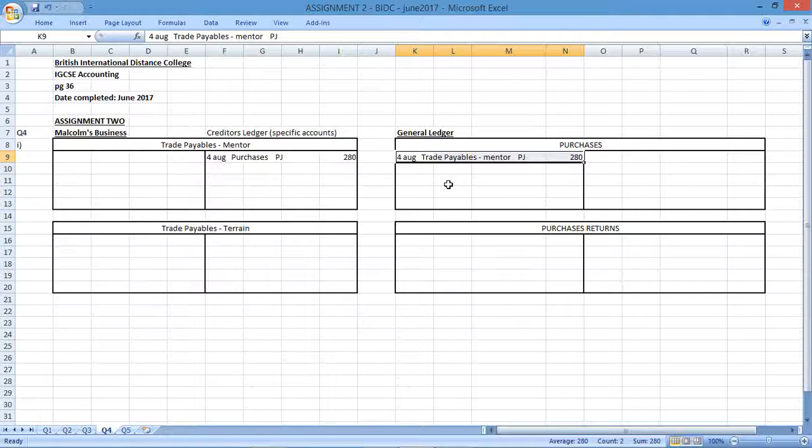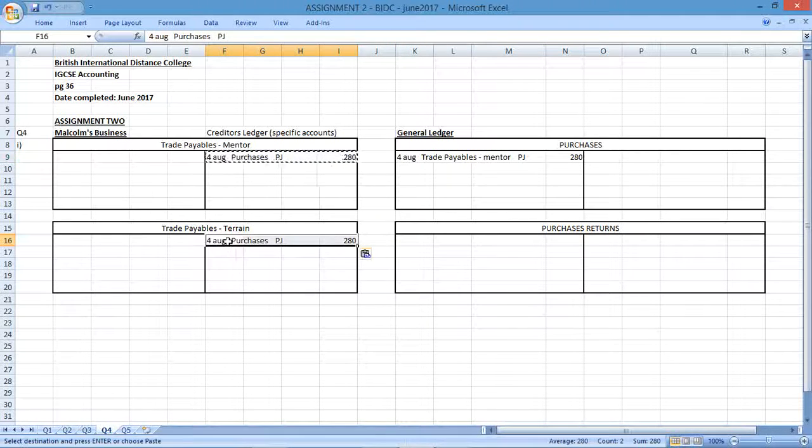Then the second bit in the purchases journal relates to Terrain. Here, we have goods of 115. So goods of 115 would be affecting their account, and it's a purchase, so we would have a purchase on the credit on the 4th as well. Purchases, and the amount here was 115.